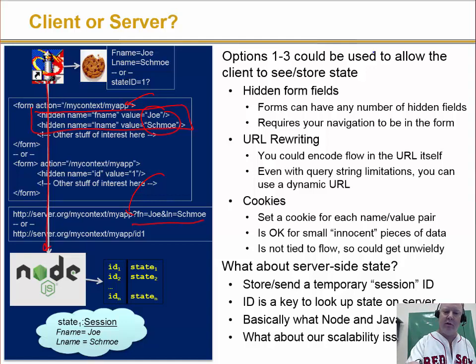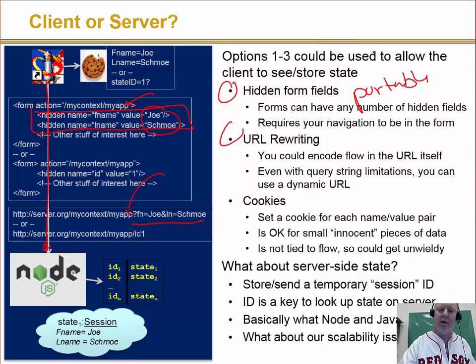The benefit of these two is that they are entirely portable. They've been around since the beginning of the web, and no matter what browser you're using, these will always work. That isn't necessarily the case for some of the other ones. Cookies, for example.